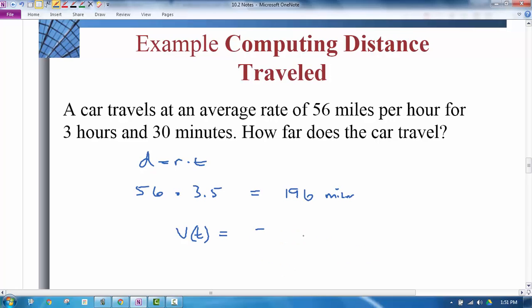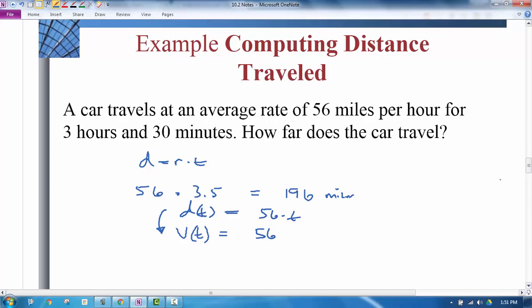We wouldn't need a t here, because the units are already miles per hour. Let's look at writing a distance time function then. The distance time function would be 56 times t, because the units would cancel and give you distance, which makes sense because the derivative of distance gives you velocity. So if you take the derivative with the power rule, you just get 56 right here.